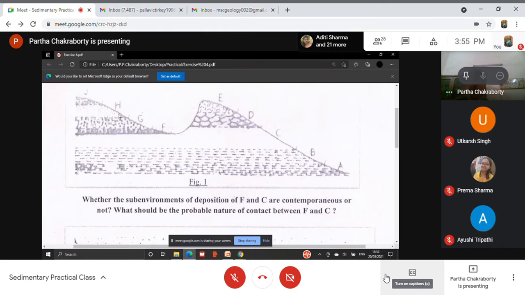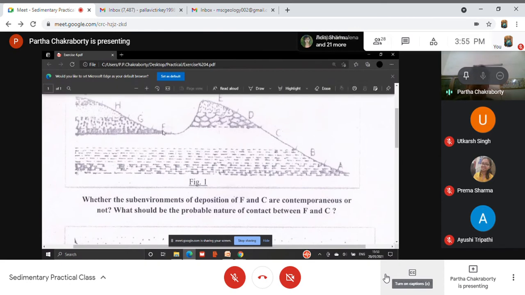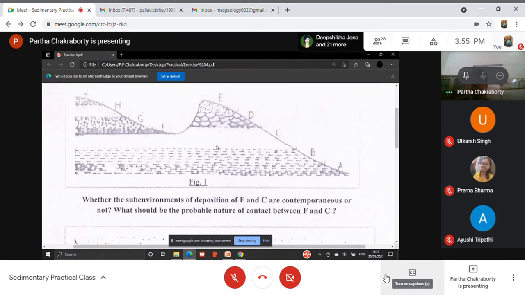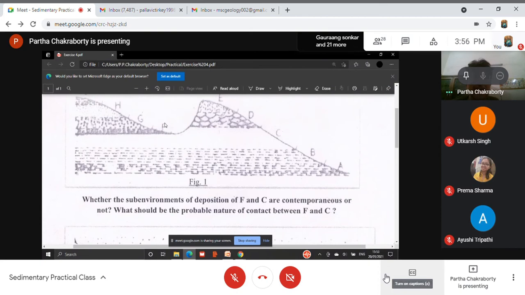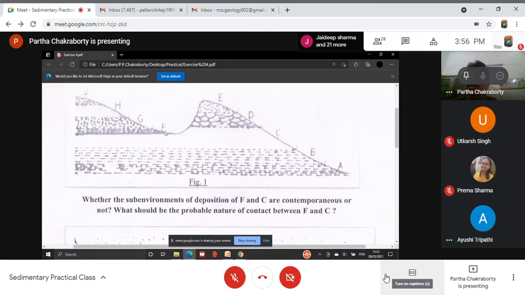Now, what will be the relation between F and C? It will have an erosional relation. Because what is F? F is nothing but the product of the channel. At C, erosion took place.